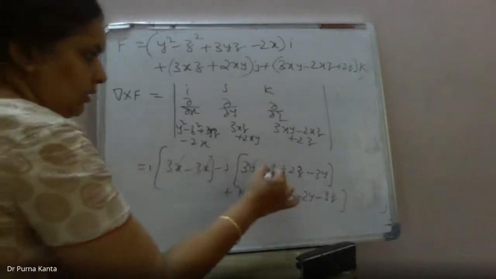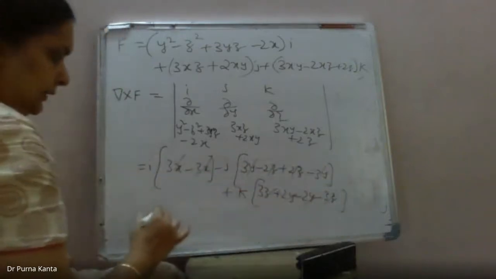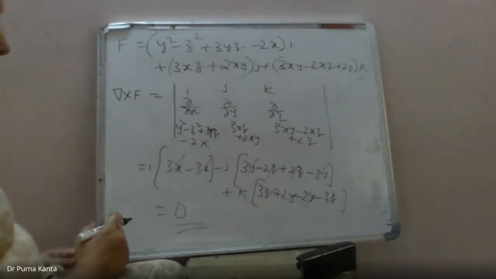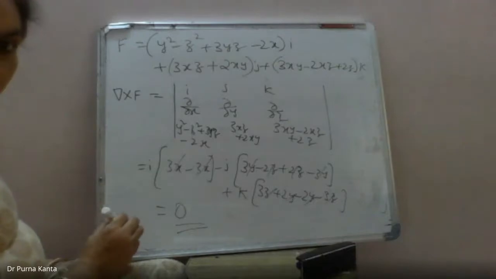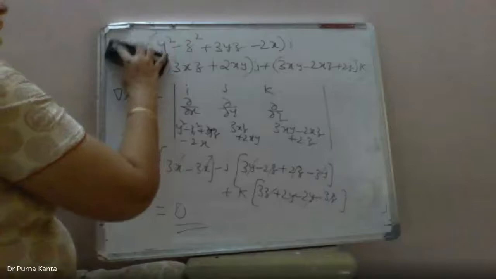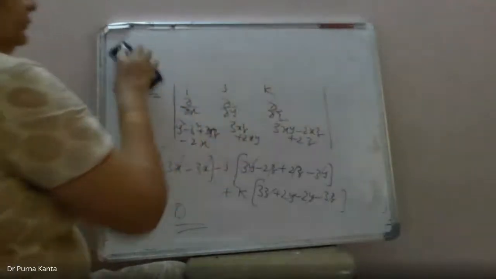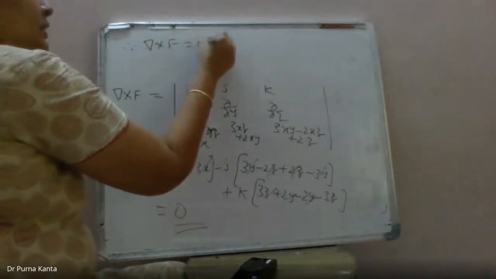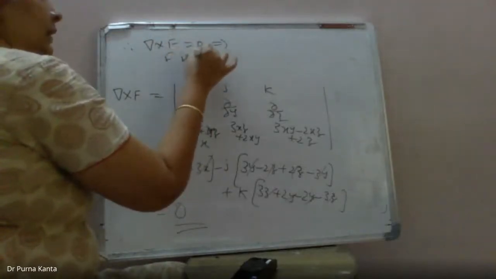So you can observe that all these terms will get cancelled. The vector is equal to 0, showing that curl f is equal to 0 implies f is irrotational.